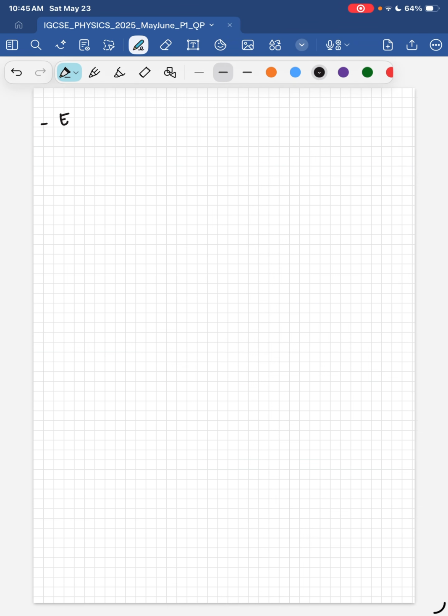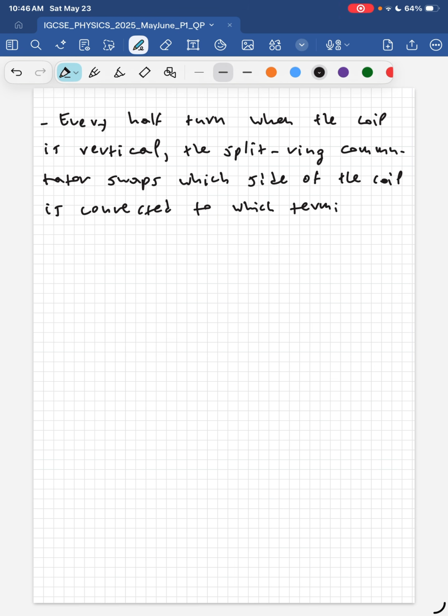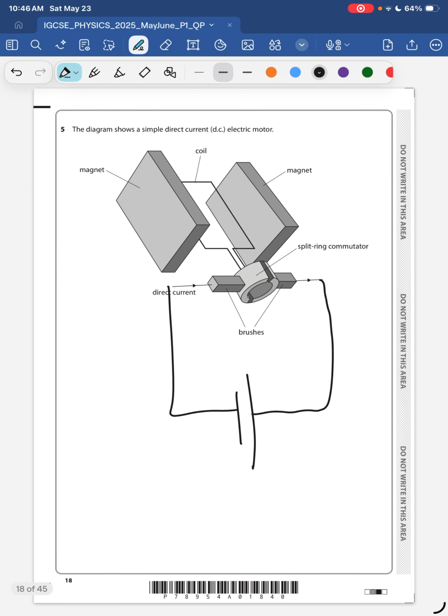Every half turn, when the coil is vertical, the split ring commutator swaps which side of the coil is connected to which terminal. So this is what's happening.